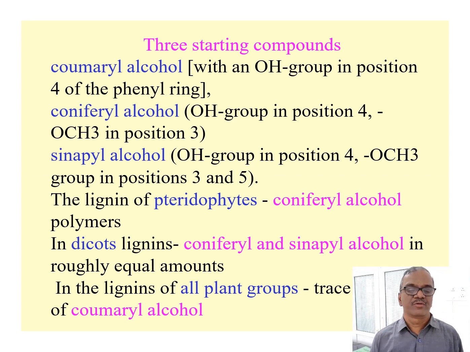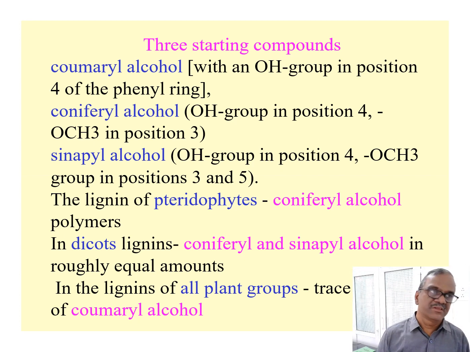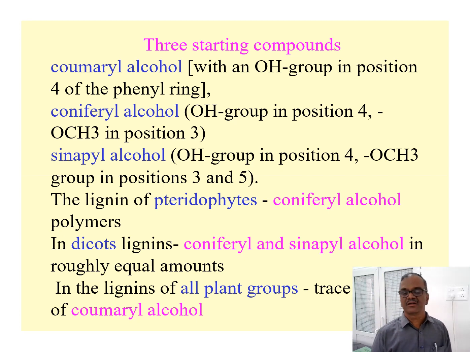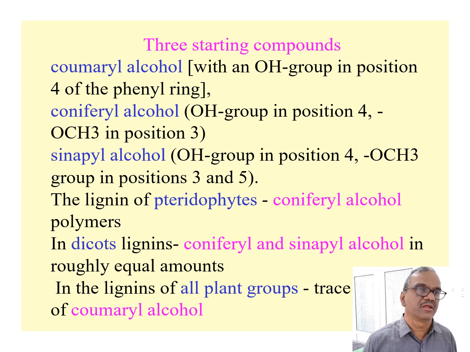These compounds form the lignin in different plants with different alcohols. In pteridophytes, coniferyl alcohol, whereas in dicot lignin, coniferyl and sinapyl alcohol. In all groups, only a very small amount of coumaryl alcohol is present. So this is how the lignin is formed.